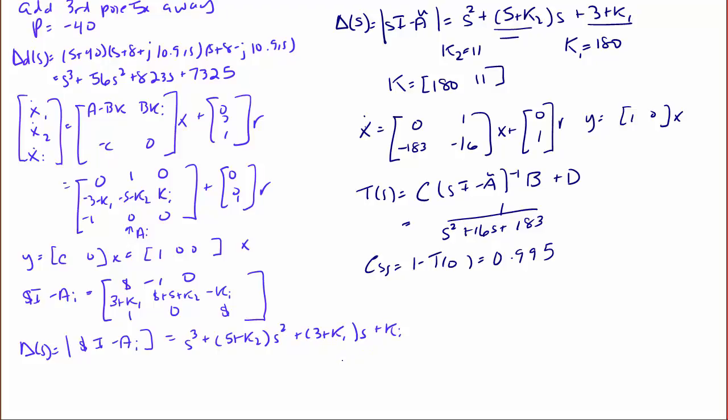And just as we did before, we equate coefficients and we get that K_I is equal to 7,326, K2 is equal to 51, and K1 is equal to 820. So the K matrix is [820, 51, 7,326].